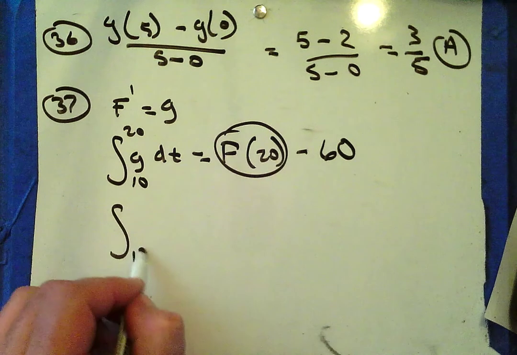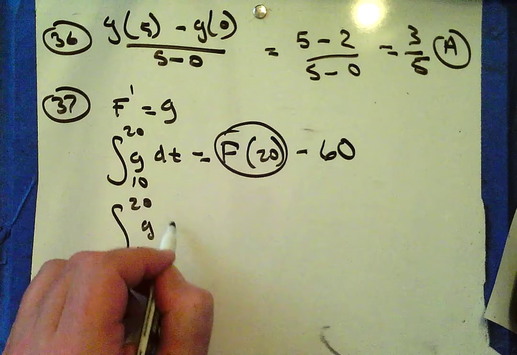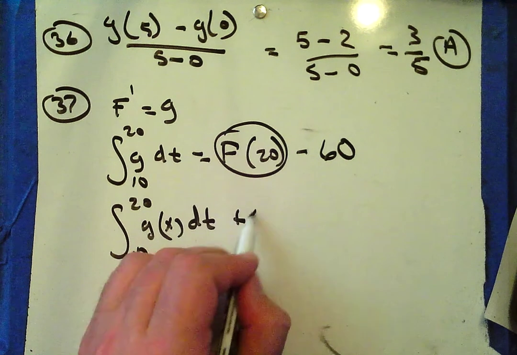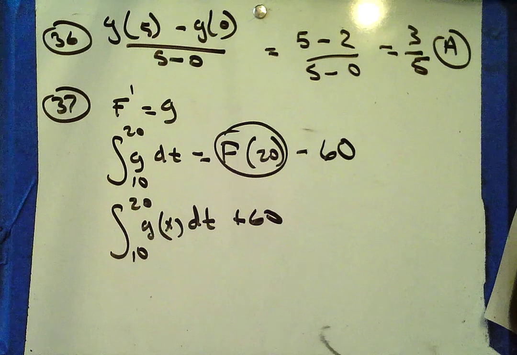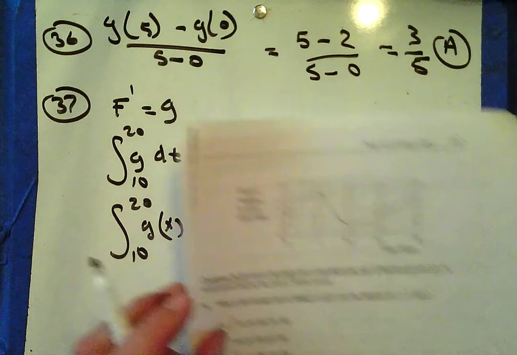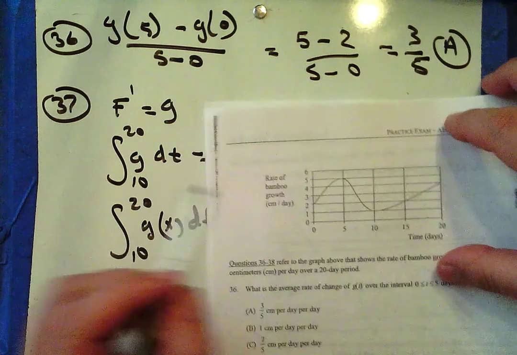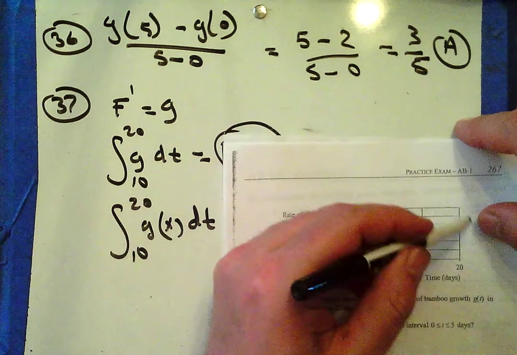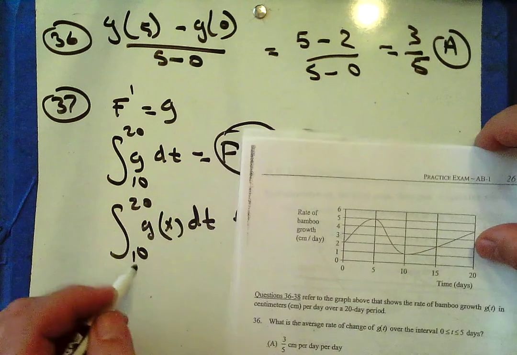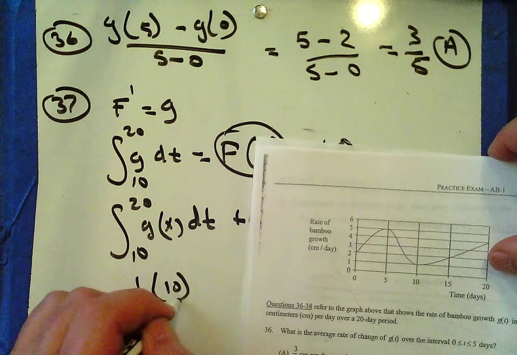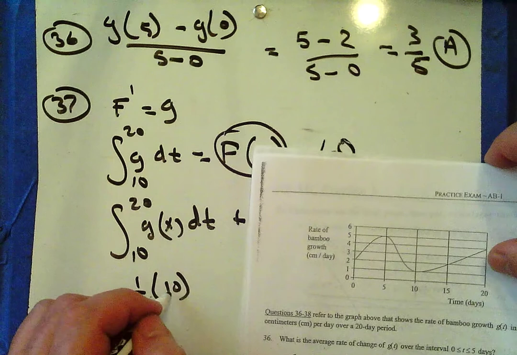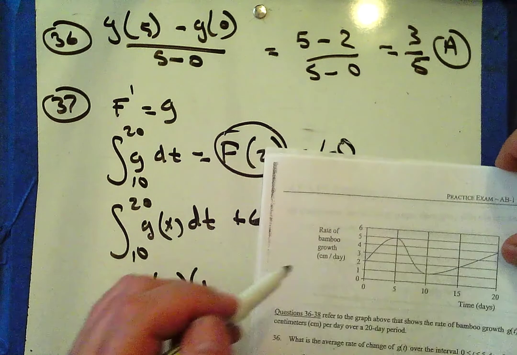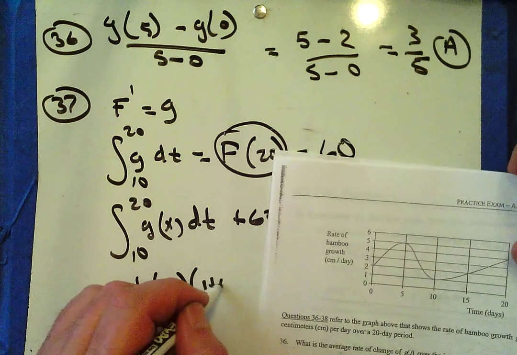So I want to integrate from 10 to 20 this derivative function that they've given me, dt, and add 60 to it. Well, this isn't with calculator, this is counting up the area of each box. I'm going from 10 to 20. You know, you could kind of call that a trapezoid, huh? 1/2, a height of 10, base 1 is 1, and base 2 is 4.